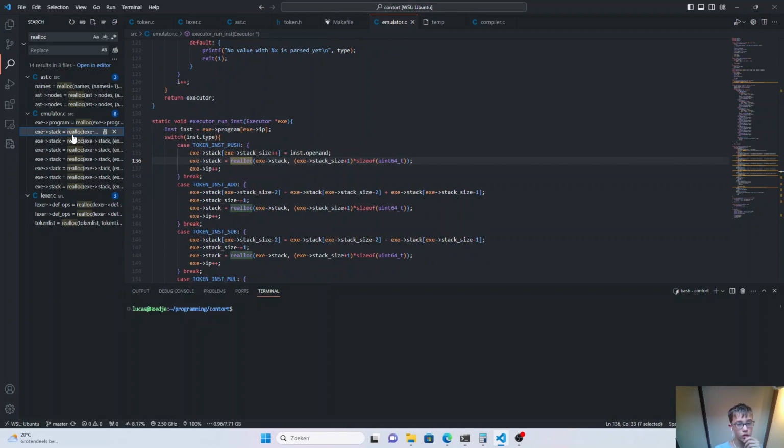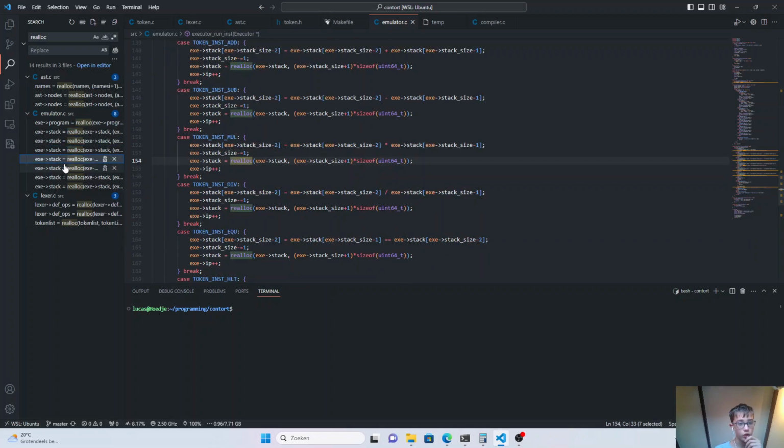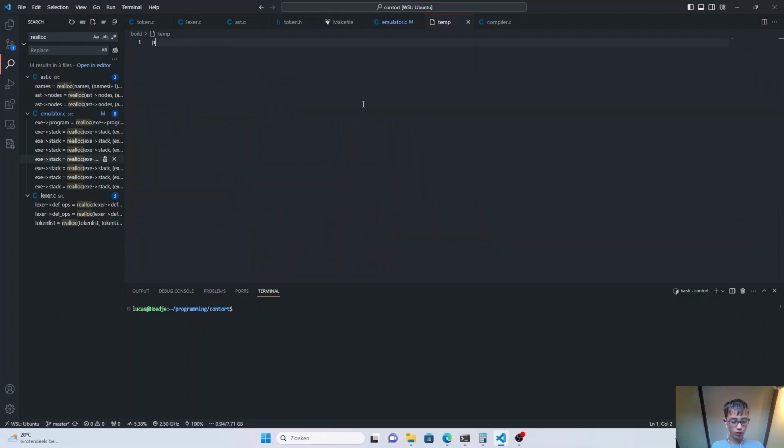I also did the same thing in the executor, and I added some more math instructions, although I am forgetting to move this the other way around. I'm thinking of divide being a push 0 and then push 1 and then just divide, so divide has just 0 division by 1.